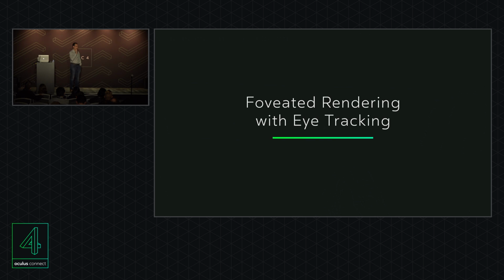So we can adapt the rendering to the eye tracking and try to create an image that matches perceptually better to what our eyes and brain are able to consume. In the simplest case, you can think of it as taking this radial mask and moving it around based on the gaze direction.